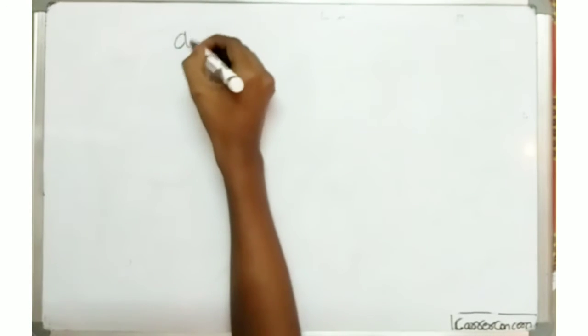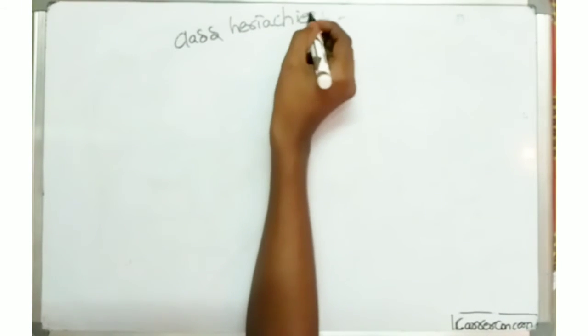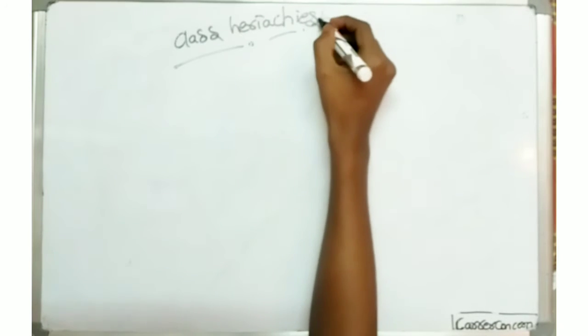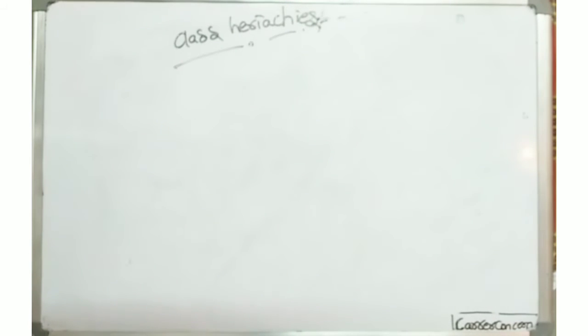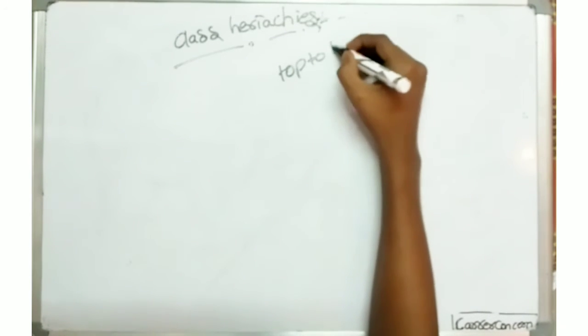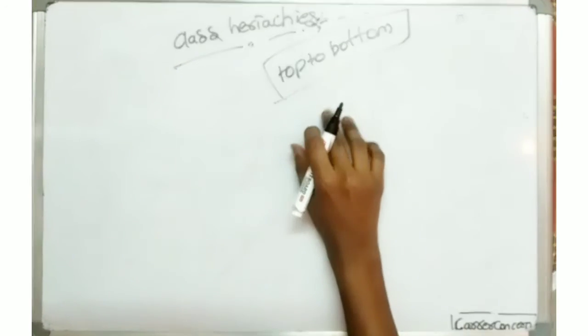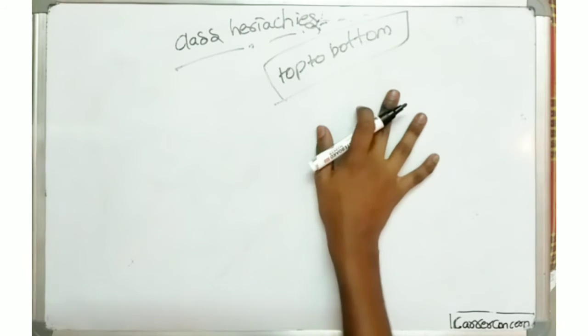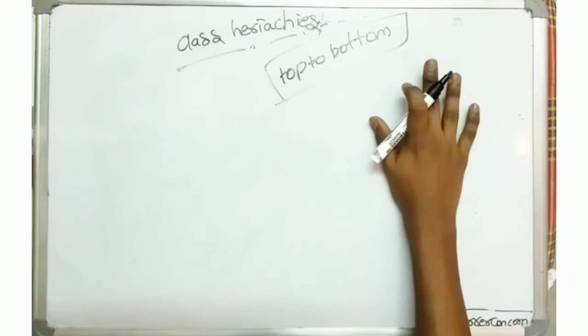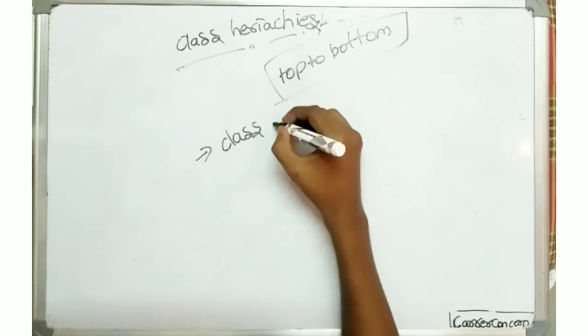Our next topic is class hierarchies. What is meant by hierarchies? It's nothing but levels, going from top to bottom, like a family tree with parents, grandparents and ancestors. Classes also have hierarchies: subclass and superclass.